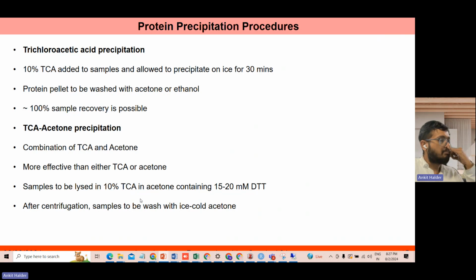The samples are to be lysed in 10% TCA in acetone containing 15 to 20 millimolar DTT, and after centrifugation, the samples are washed with ice cold acetone.